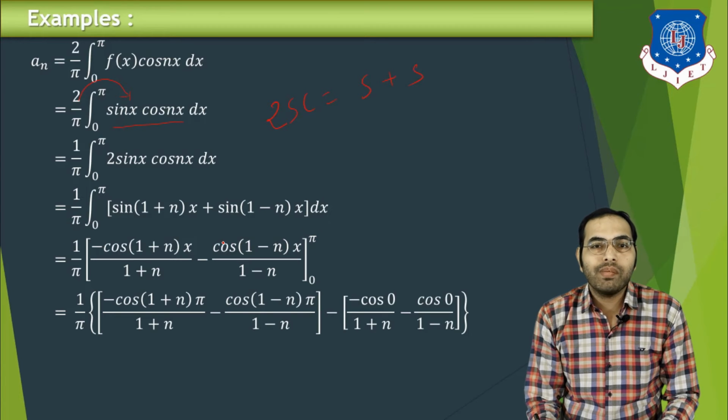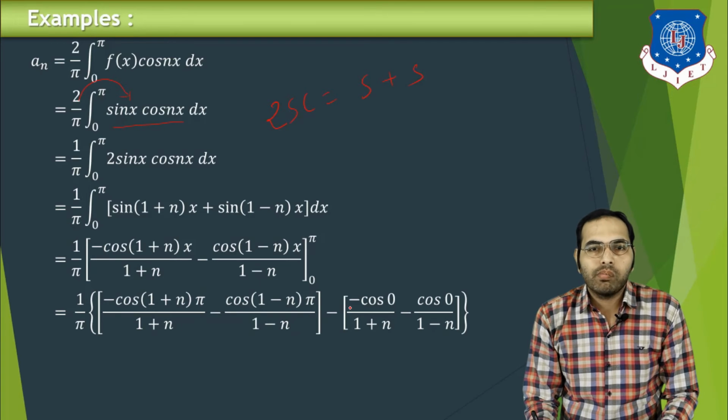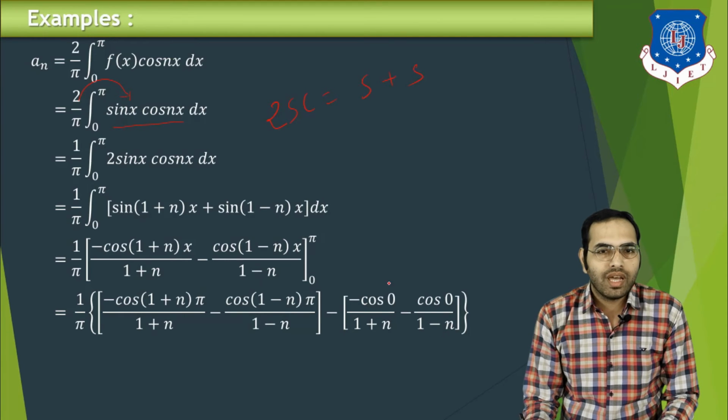For the upper limit, replace x by pi: 1 upon pi, inside the bracket, minus cos (1 plus n) pi upon 1 plus n, minus cos (1 minus n) pi upon 1 minus n. That is our upper limit, minus the lower limit inside the bracket. Whenever we replace x by 0, we get cos 0, and the value of cos 0 is 1, so minus cos 0 upon 1 plus n, minus cos 0 upon 1 minus n.